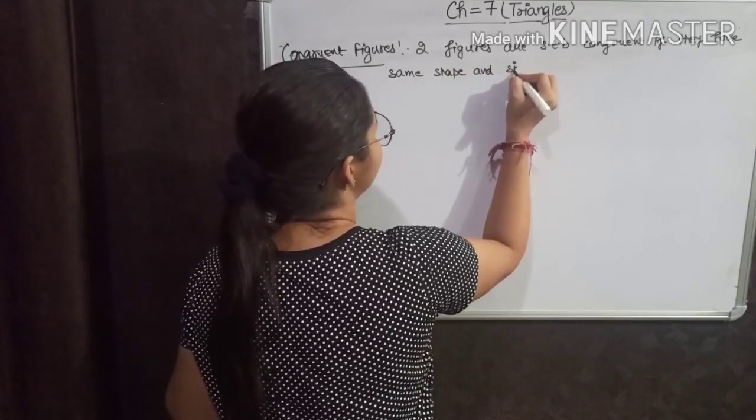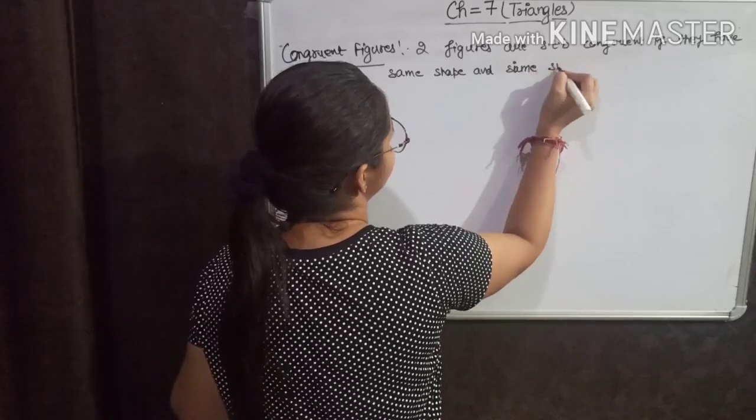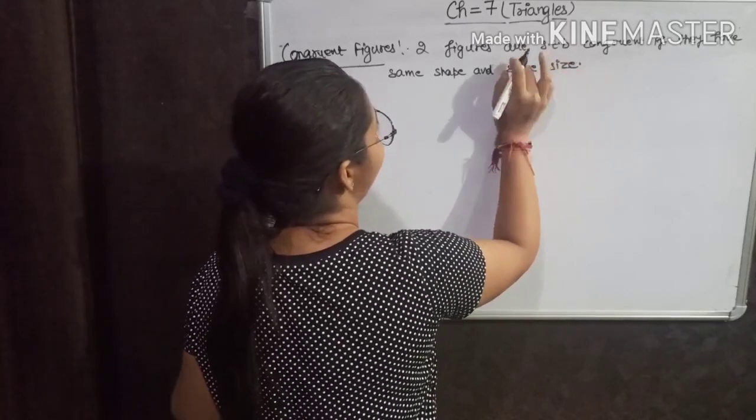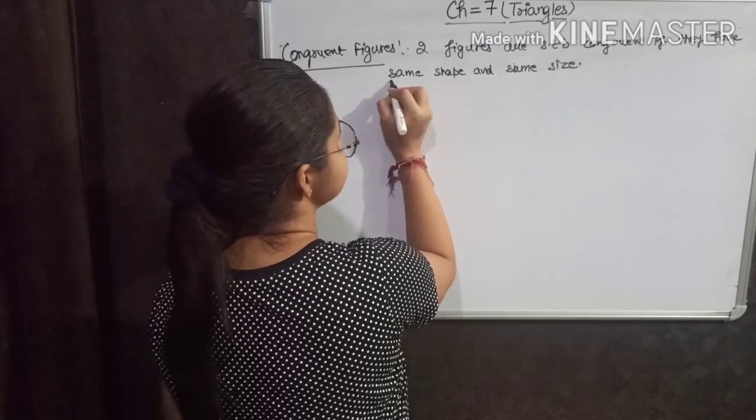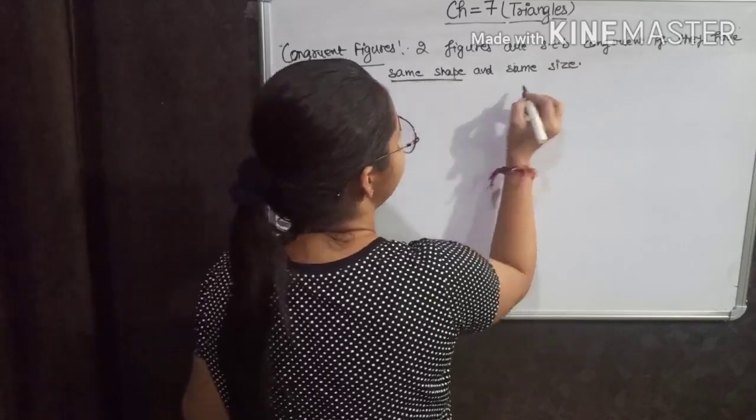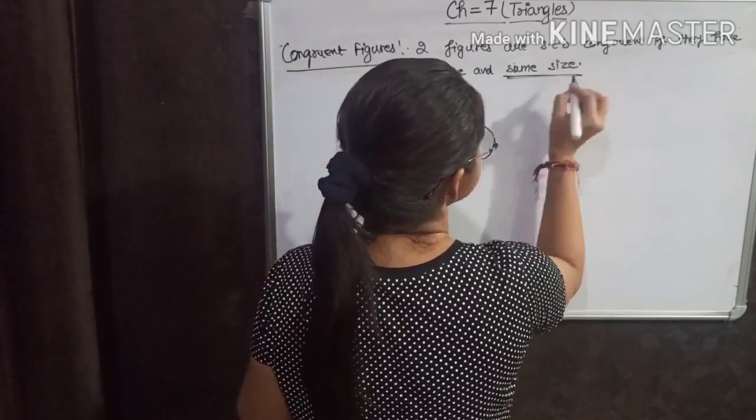Now there are two important points to note for congruence. First is same shape and second is same size.